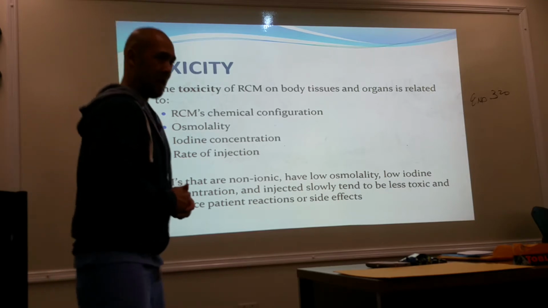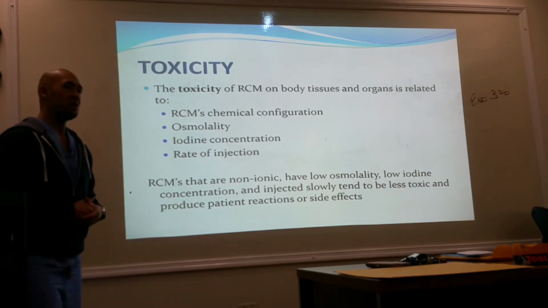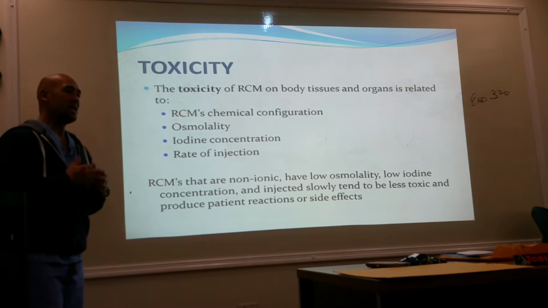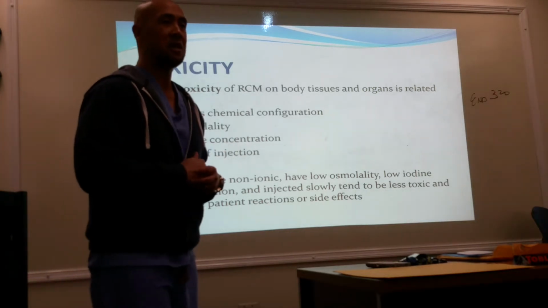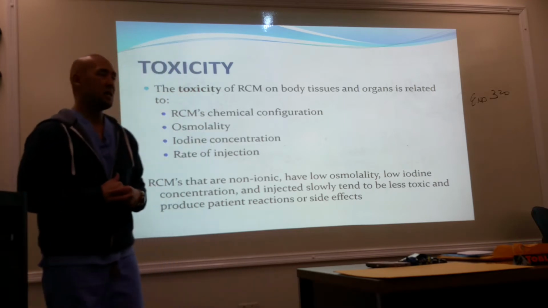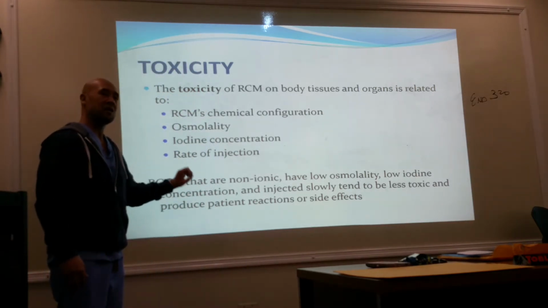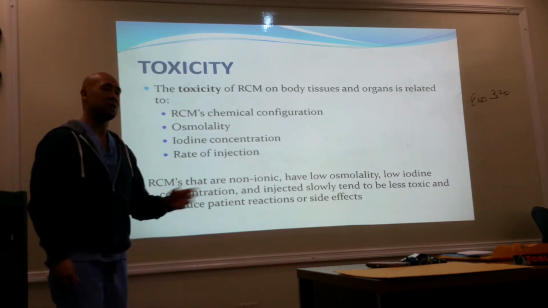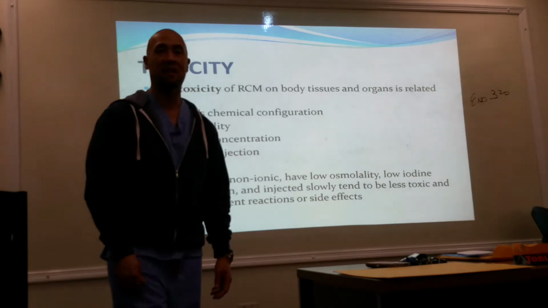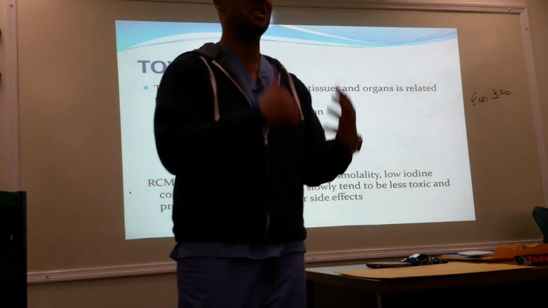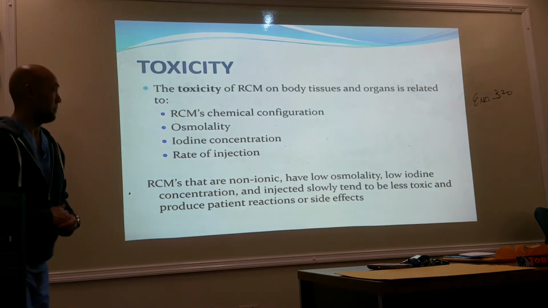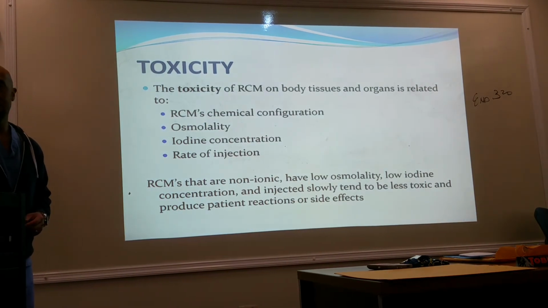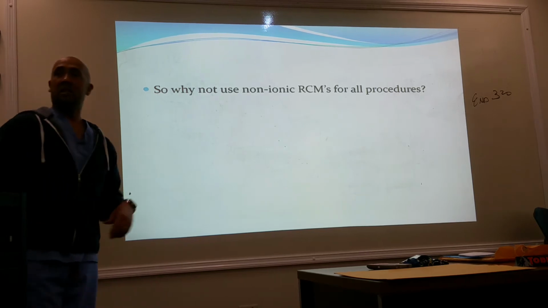It is said that if you inject contrast at a slower rate, it is more forgiving than injecting a large bolus of contrast media in a short period of time. In other words, if you inject a lot of contrast in a short period of time, there's a greater chance that you are going to experience an adverse reaction versus when it's injected slowly. Okay? The rate of injection. So why not use non-ionic?